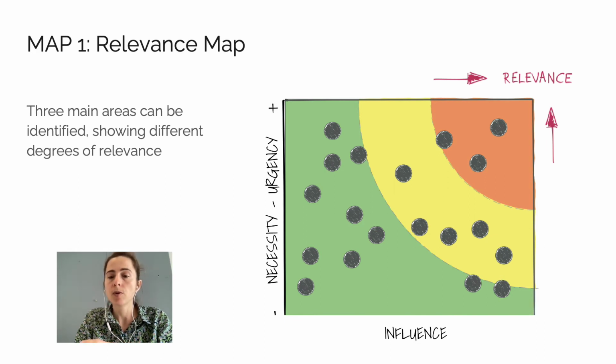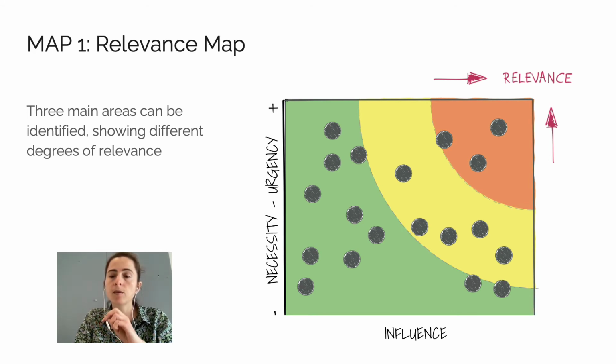So you will start by drawing a quadrant using 2 axes labeled low to high, and then you will add influence on the horizontal x-axis, as you can see, and then necessity or urgency on the vertical y-axis. And now start discussing where each stakeholder you're analyzing falls in by comparing both of those criteria, and then plot them out on the quadrant.